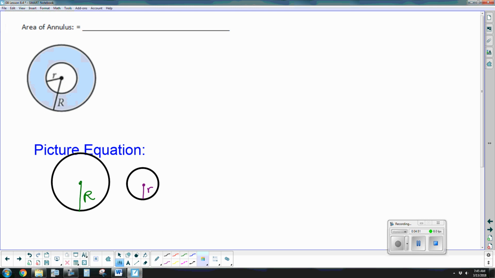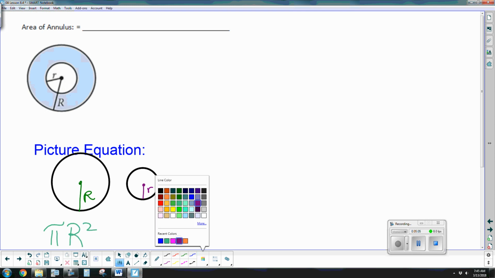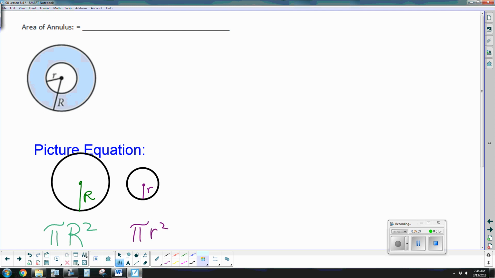So the area of our larger circle is pi capital R squared, and the area of our smaller circle is pi lowercase r squared.